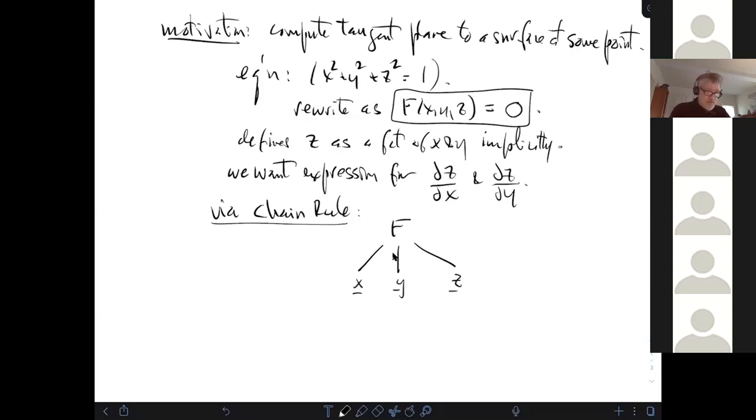And now I'd like to see each of these variables as a function of x and y. I'll explain this in just a sec. So I can view z implicitly as a function of x and y. What about this x and y over here? Think of it this way. x underlined is a function of 2 variables x, y.